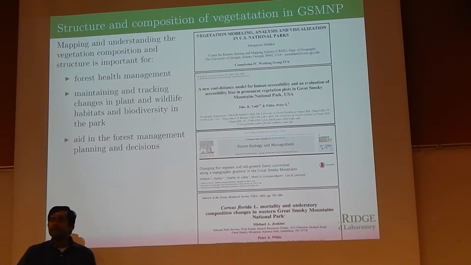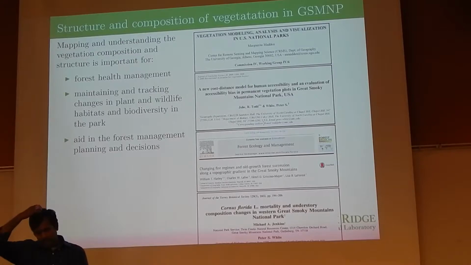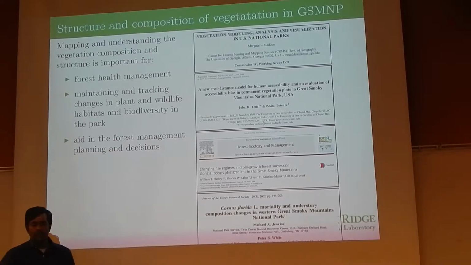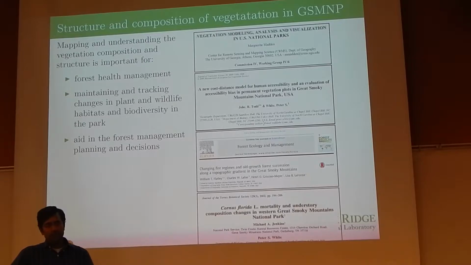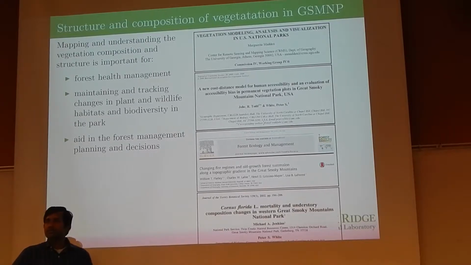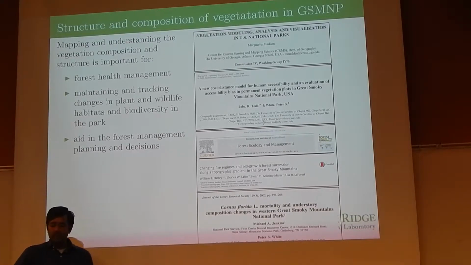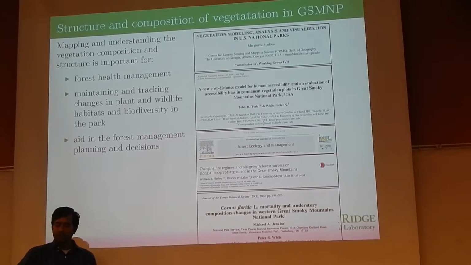Forest health management, and the folks that I work with in Forest Service are primarily interested in forest disturbance mapping, trying to understand what's going on and how well the forests are doing nationally, and because they are based in Asheville, North Carolina, they are primarily interested in the eastern forest.